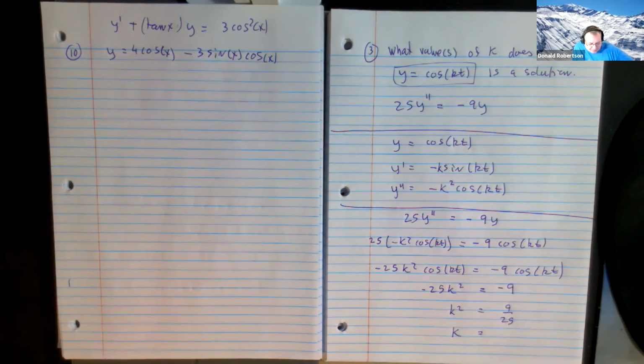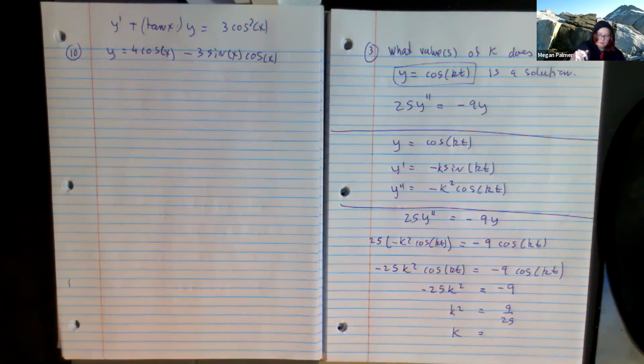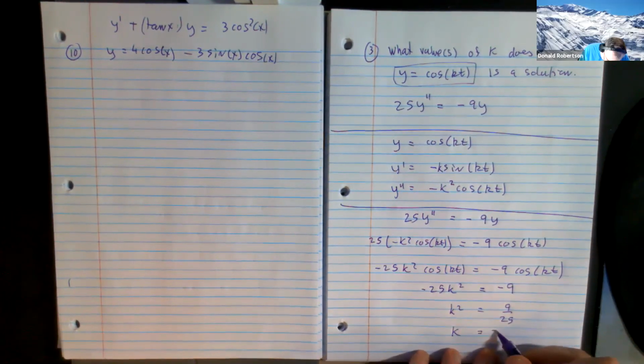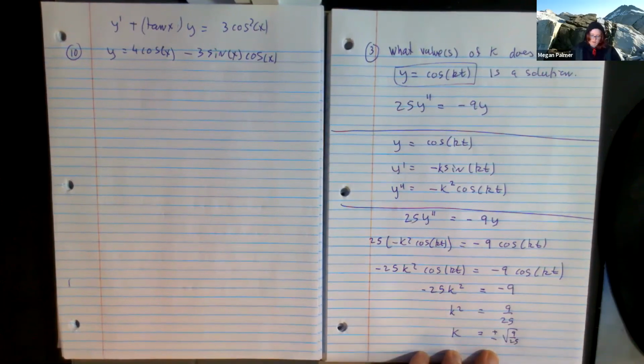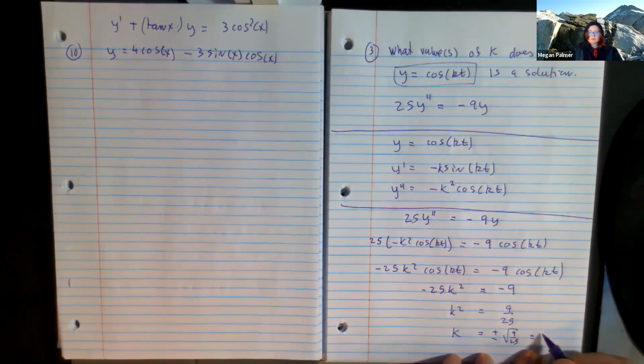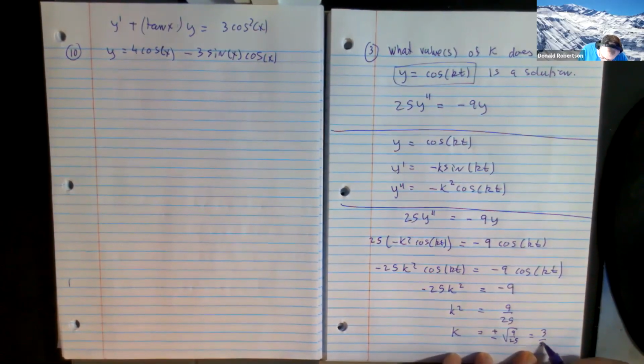Where are we off to now? Square root. And would you agree that there's a plus and a minus square root? Yes. Which means that there are two answers, positive 3/5 and -3/5.